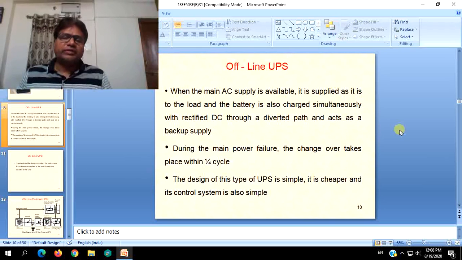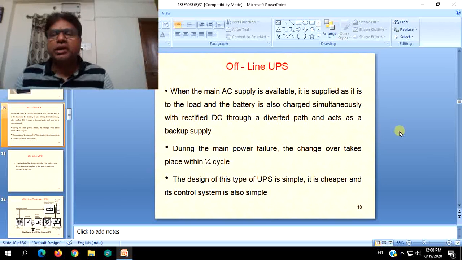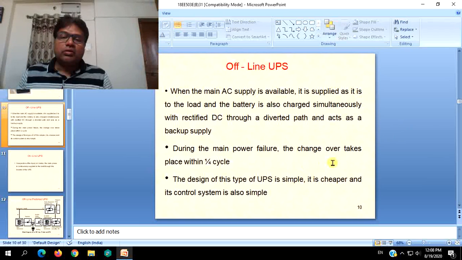For a half cycle, it is 0.01 second, and for a quarter cycle, it means 0.005 seconds. A quarter cycle of a supply voltage or sinusoidal waveform of 50 Hz means that its time period is 0.005 seconds, or nothing but 5 milliseconds.